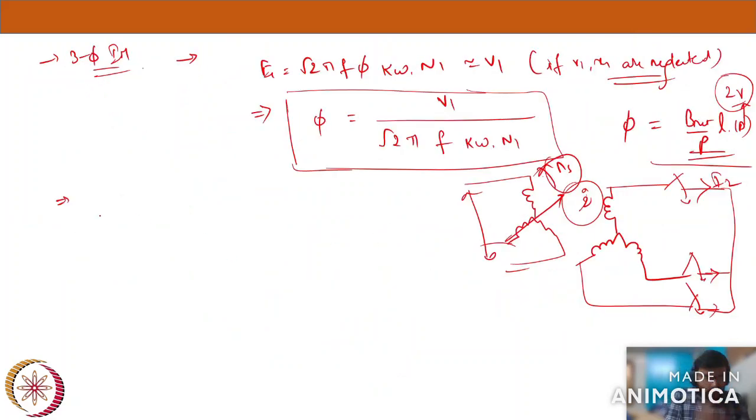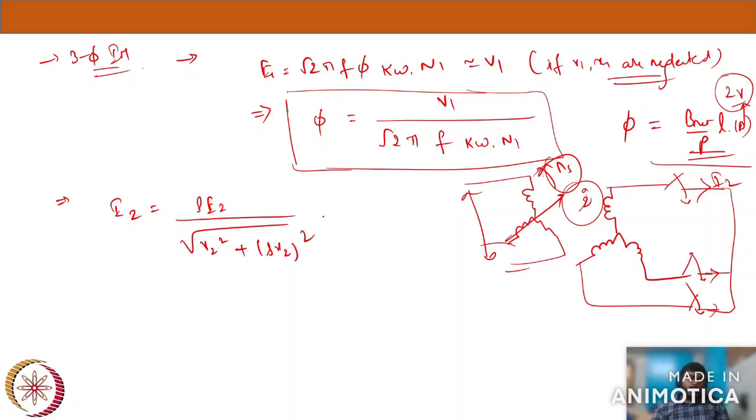So let's continue the discussion from here. Now the current I2 is equal to sE2 divided by the square root of R2 squared plus sX2 squared. I hope this point is clear. This we already established. Now the question is how we are going to use that concept here. There exists a stationary observer who is sitting on the stator, because the stator is always stationary and won't move, but the field of the stator will move with synchronous speed, that is Ns.